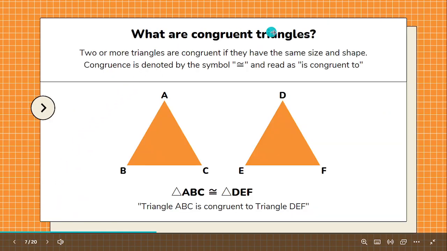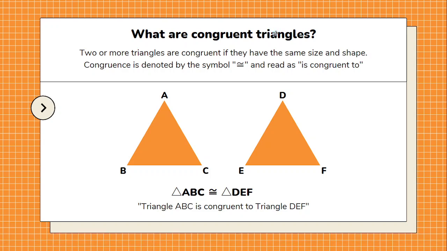Now, congruent triangles. Two or more triangles are congruent if they have the same shape and same size. Now, this is the symbol of congruency, and we read it as congruent to. So now here these two triangles ABC and DEF, these two triangles are congruent because their size is also the same and they have the same shape, which is triangle, right?